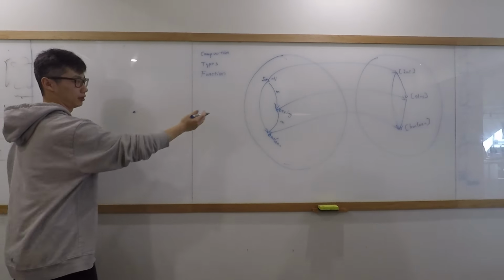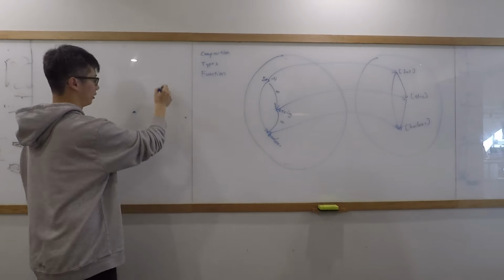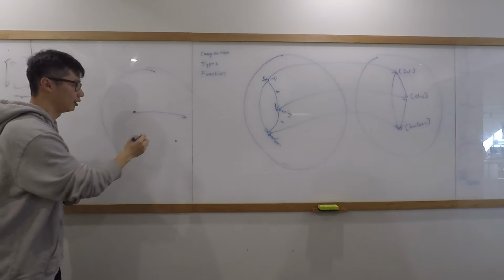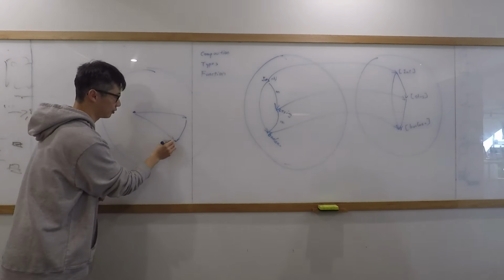You will have a dot on the left and a dot on the right. You have a category, and this category contains a morphism from here to here. Then if you have another dot here, you have the same kind of situation, right? This is the composition of these 2.